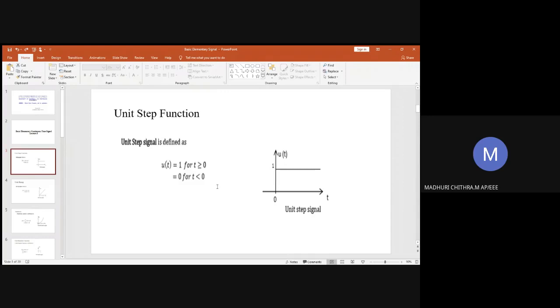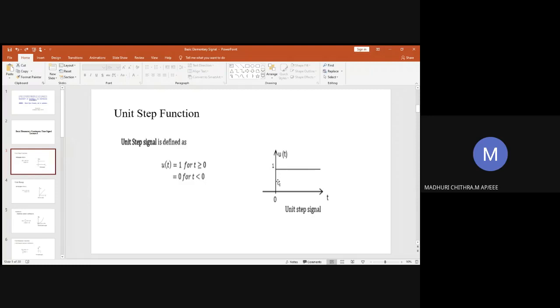So what is the representation of the unit step signal? The unit step is a continuous time signal. The unit step signal is defined as u of t equal to 1 for t greater than or equal to 0, and equal to 0 for t less than 0.